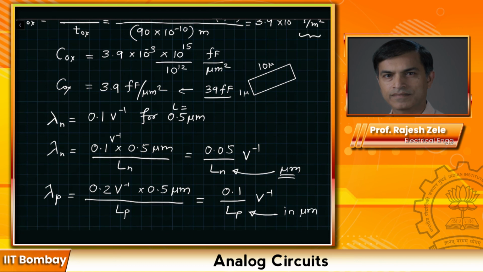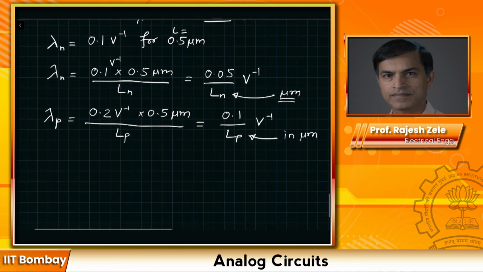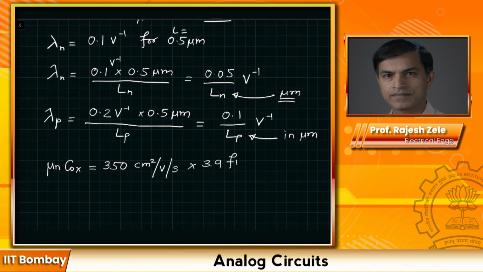The next useful number to compute your drain current is the K value, and part of that is given by mu n Cox. So we know that mu n is 350 centimeter square per volt per second. Multiply that by 3.9 femtofarad per micrometer square.